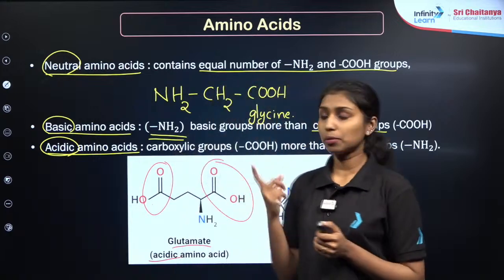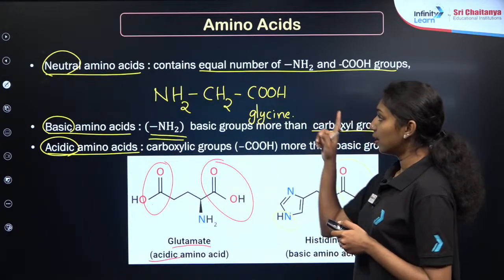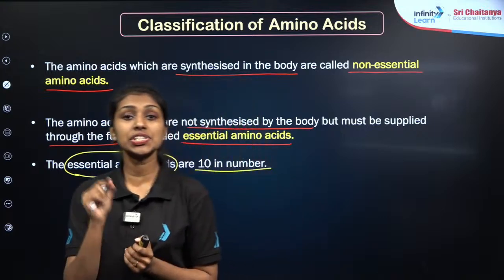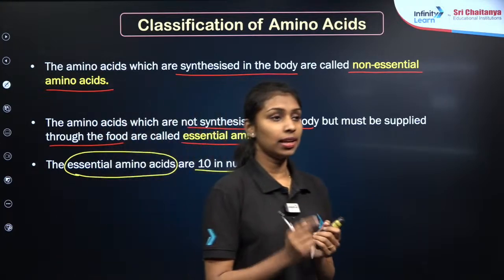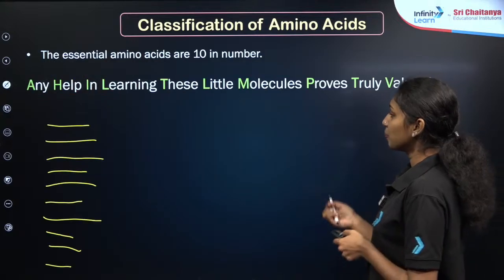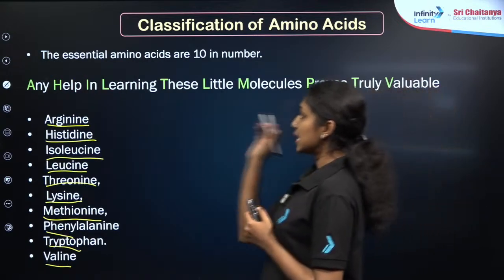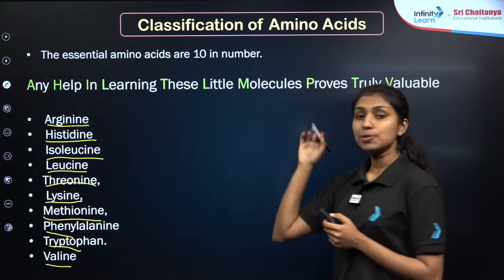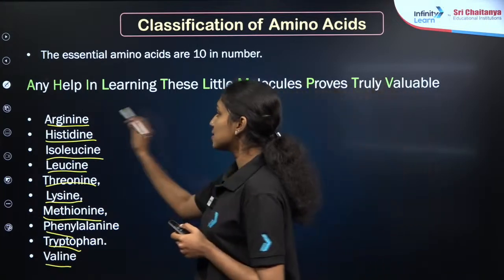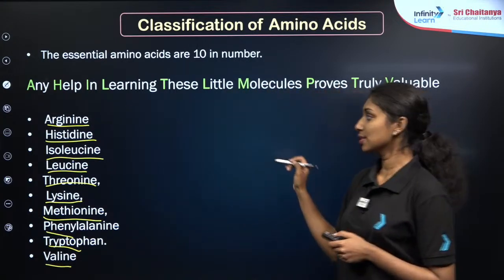You must remember the examples along with the amino acids. Then, the next important classification is essential and non-essential amino acids. There is a simple trick to memorize the 10 essential amino acids. You can use your own trick to memorize these amino acids. This is the trick I am using.